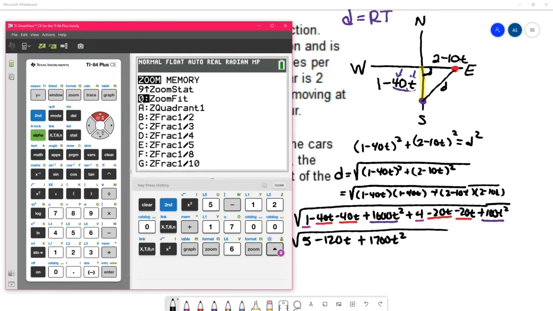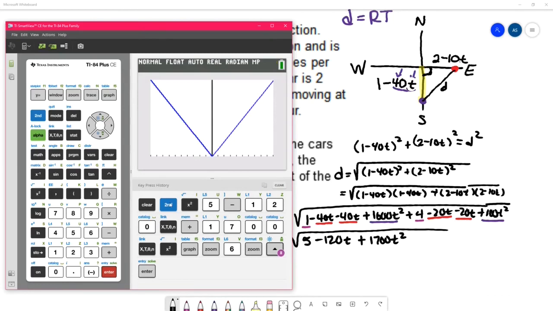Okay, I'm going to use this one here, zoom fit. Zoom fit is when your calculator tries to figure out what the window should be. It doesn't always work exactly how you want it, but it'll make a guess. So I'm going to try that. And I can see the picture a little bit better now, and this bottom part here where it dips down, that's going to give me the smallest distance.